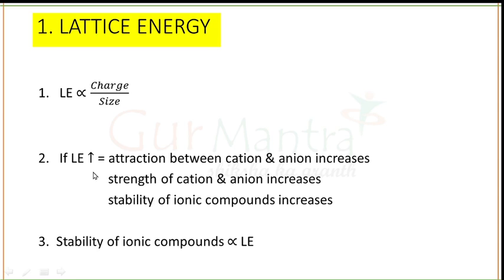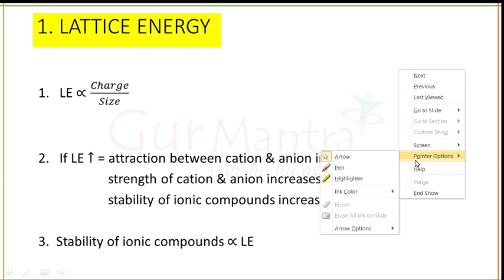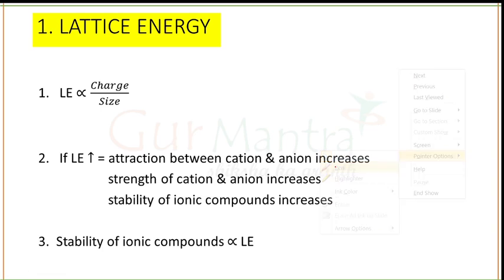If lattice energy increases, attraction between cation and anion increases, meaning the strength of the bond increases. That's why the stability of the ionic compound increases.